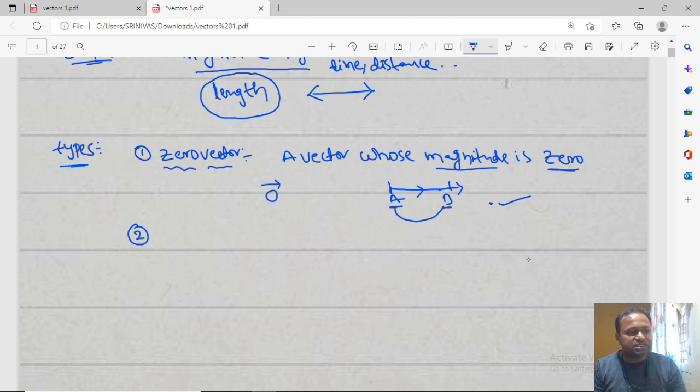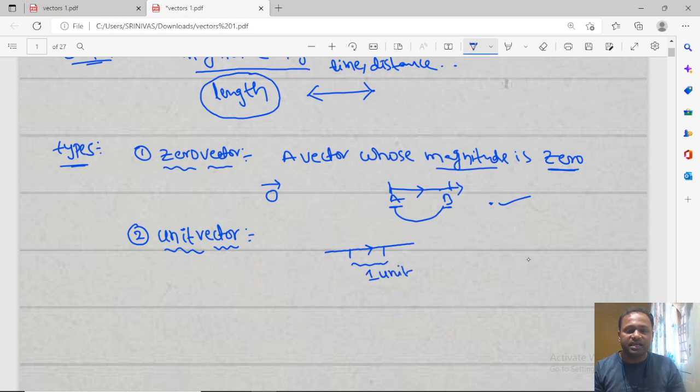Second, after zero vector, we have one more definition, unit vector. What do you mean by unit vector? Suppose this is a vector with direction, and suppose the length of this vector is 1 unit.